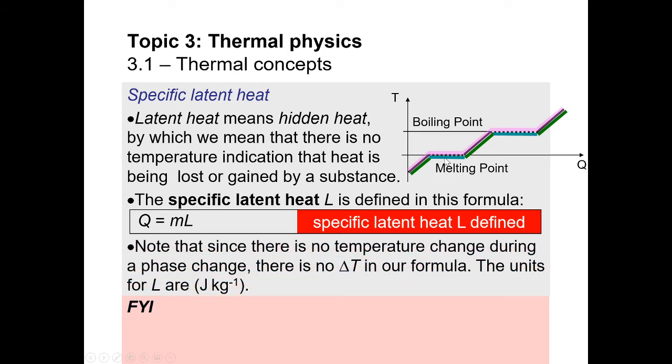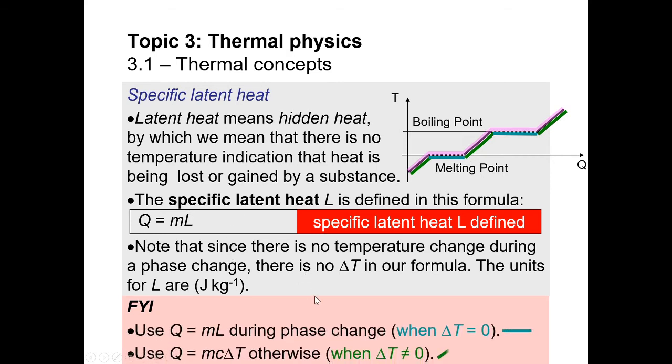Something to point out also, since there's no temperature change for latent heat, there's no delta T in the formula. And that's how you're going to tell the difference. If there's a temperature change, you use Q equals mc delta T. If no temperature change, you use Q equals mL. And these L values you can look up, just as you can look up the C values for the specific heat capacity.